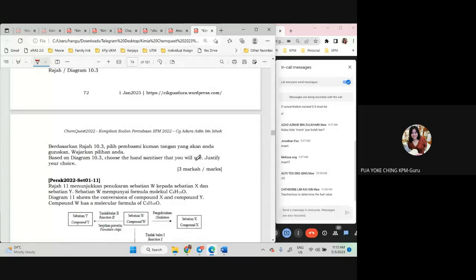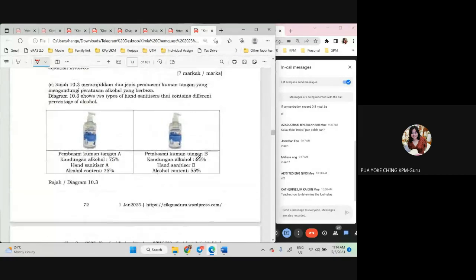Sanitizer that contain different percentage of alcohol, 175, 155. Mana satu nak dipilih? Okay, pilih A. What is the reason?